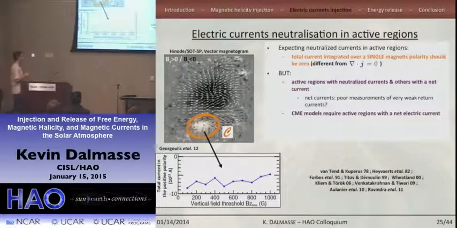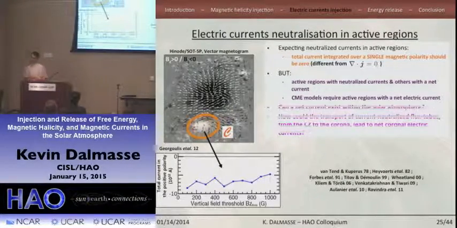And active regions are definitely showing the generation of CMEs. So it has been argued that these net electric currents should be real. But then, if these net currents are real, then there seems to be an inconsistency with the condition of isolated magnetic flux tubes.